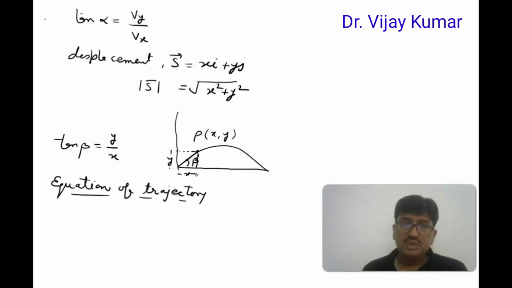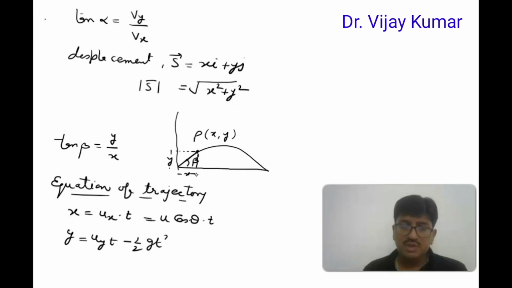We know that x is velocity ux into t, or u cos theta into t, and y is equal to uy into t minus half gt square, or u sin theta into t minus half gt square. This is y.